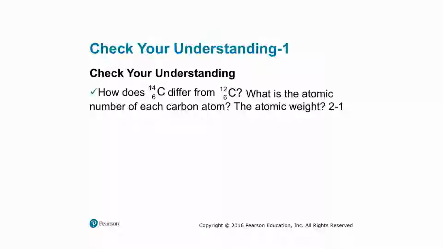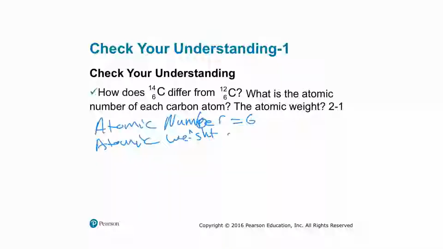And so the atomic number here is 6, and the atomic weight of each of them is going to be 14 and 12 respectively. Okay, so when they say carbon-14, this is what they're talking about. This is what they use for carbon dating.